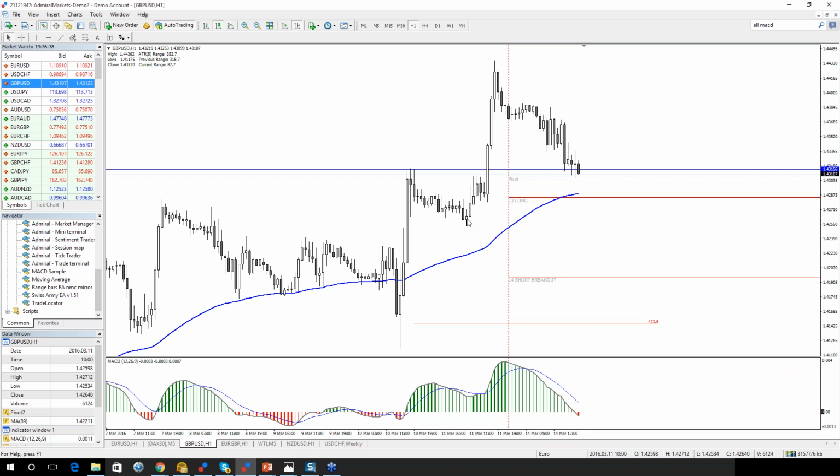Okay, 42.10, I will mark it. Below this descending trend line here, straight down below this candle. This candle is 42.11 and 42.10. Add a spread to your stop loss, of course, 3-4 pips. This could be your stop loss.